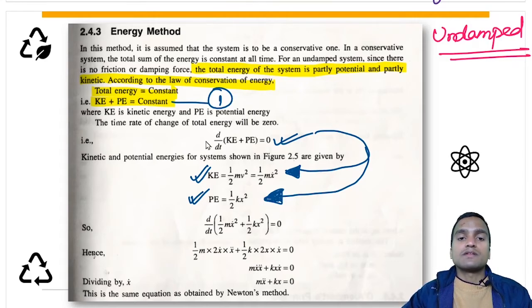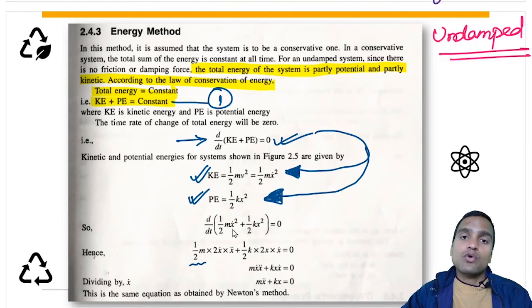So after taking differentiation of this equation, d upon dt of half m x dot square plus half kx square. Now in this equation we have to use the chain rule. First of all half m is constant, so it has come here.